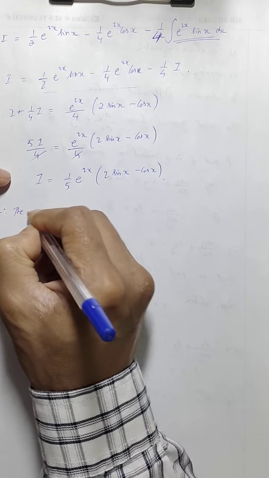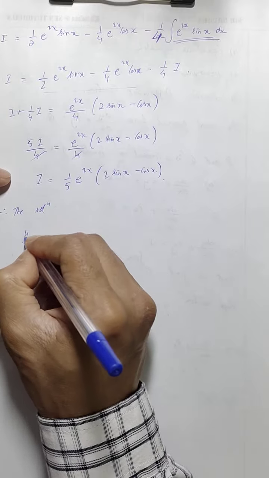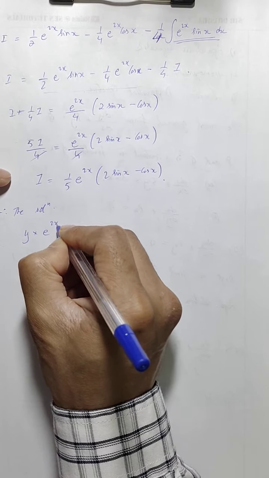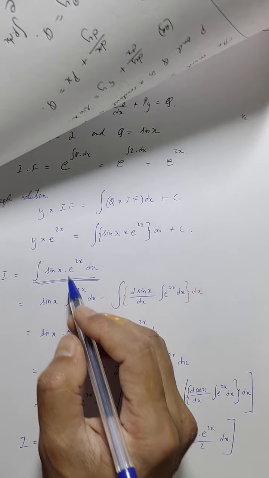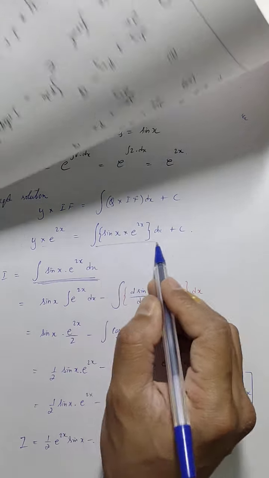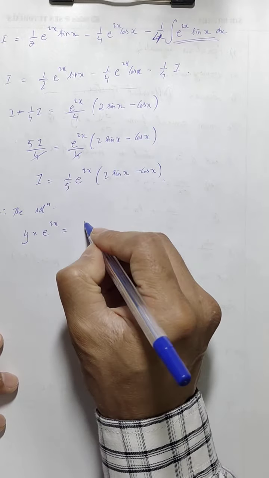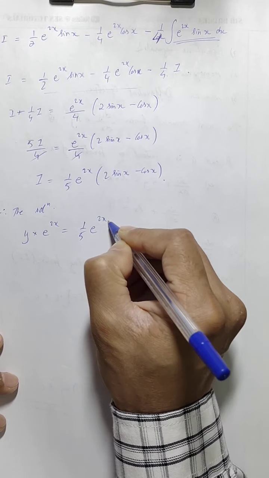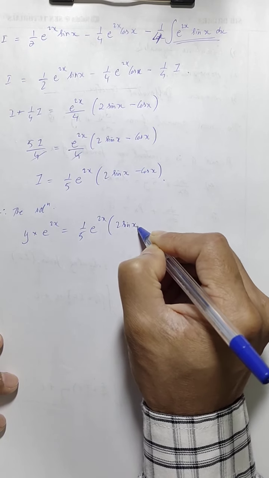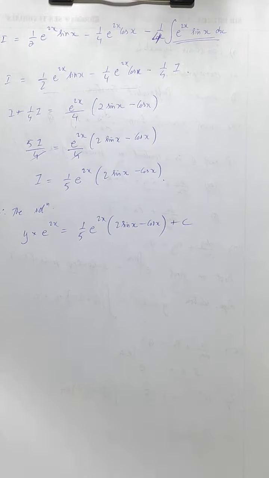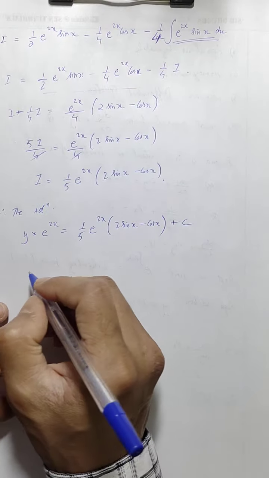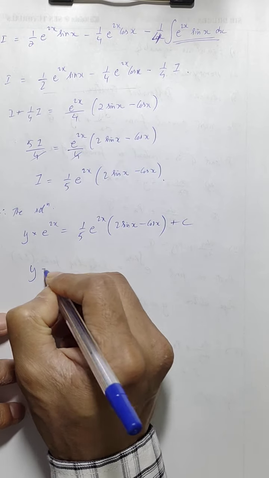So the solution is y into e to the power 2x, if you remember the solution, equal to this value we have already found out, 1/5 e to the power 2x (2 sin x minus cos x) plus c. Now just putting back the value, we have to find out the solution.